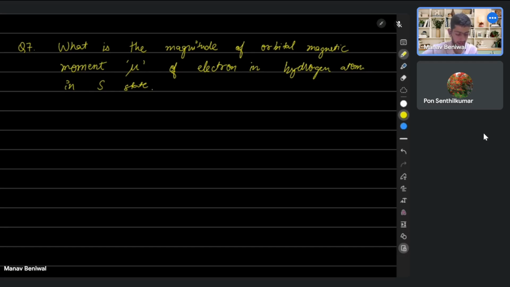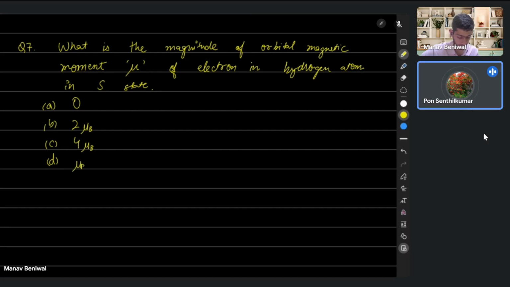And you are asked what is the magnitude of this moment, and your options are these: 0, 2 times mu b. What is mu b? We just discussed. That is Bohr magneton, right? This is the Bohr magnitude. Now these are your options.